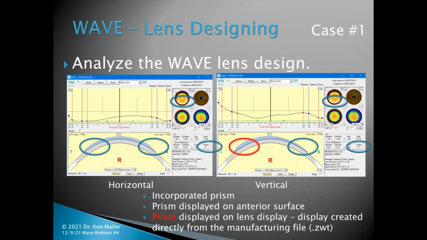The blue arc that's on that surface that's just above that is the lens that you're designing. And again, that's not just a pretty graphic. What that really is, is a graphic that's being created directly from the manufacturing file, that ZWT file that WAVE generates that sends it to the lathe.